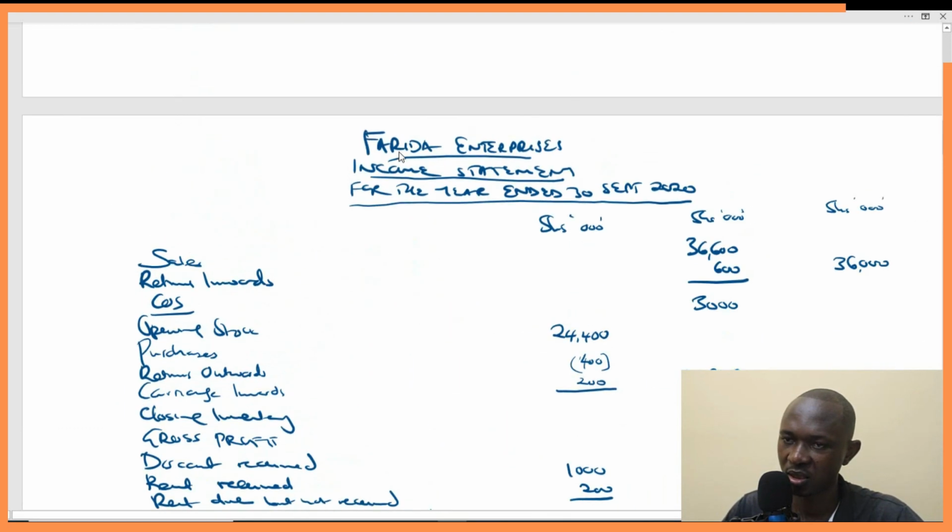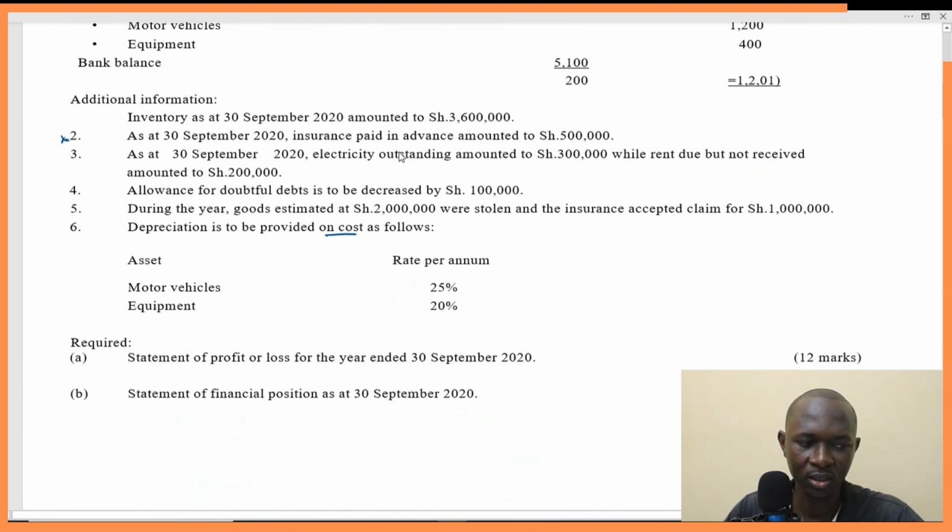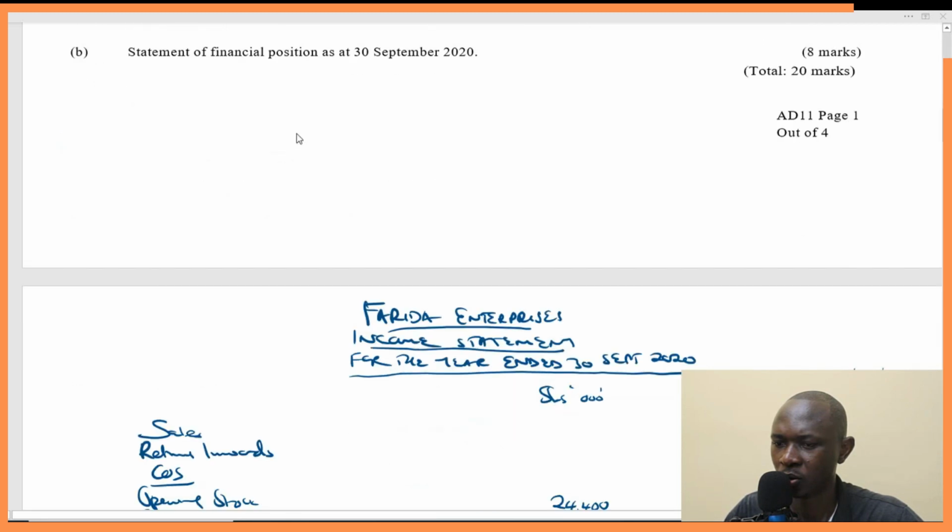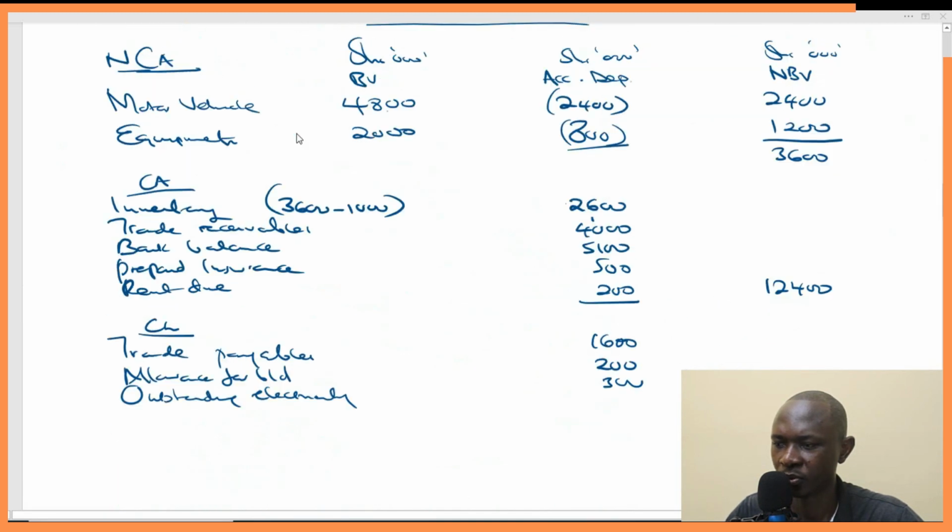Let's see if there's anything else. I think you are done. Let's get the totals. So this will be 1,600 plus 200, 1,800, that is 2,100. And because they are current liabilities, we just pick it like that, 2,100.